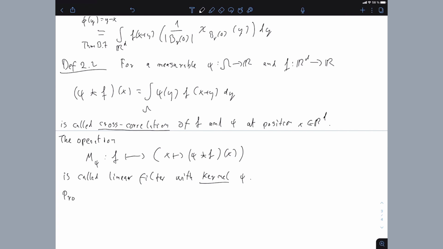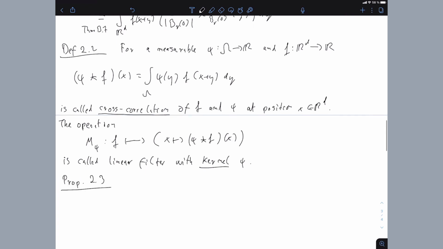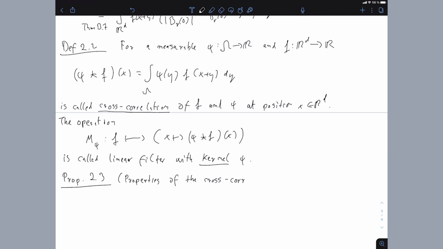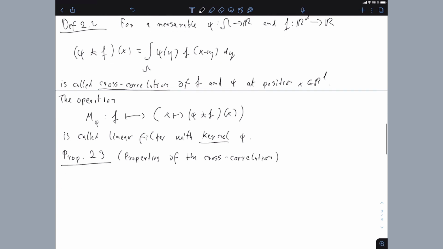Namely some properties of the cross correlation. To be able to properly work with the cross correlation mathematically, we need to figure out how it behaves and what we can do with it. At least one of these four theoretical things also has a very practical use.